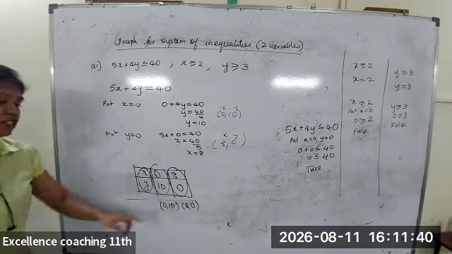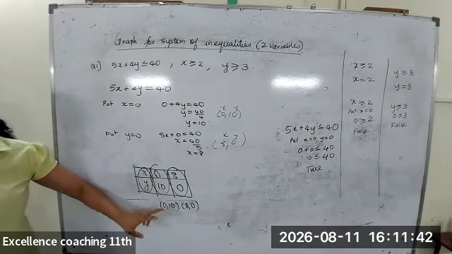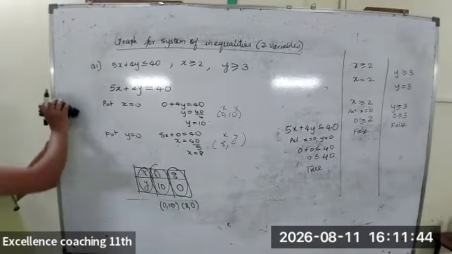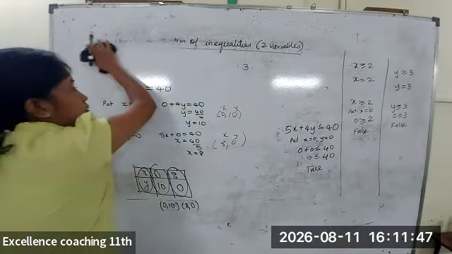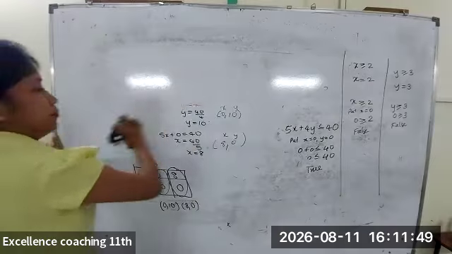Now let us start plotting. Which is the biggest number here? 10. So roughly you can draw.